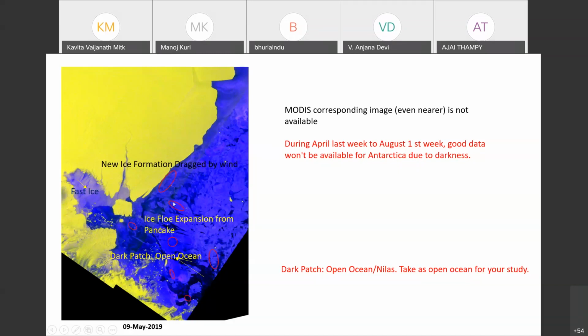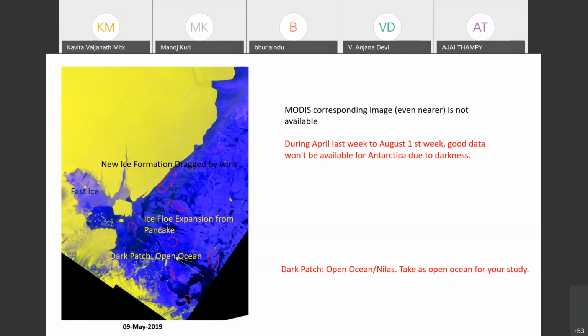But again, these portions have a very similar signature. It can have a similar signature to the sea ice or to the open water also, because when the melting happens, the snow accumulated over this sea ice will have a very similar signature with the open ocean, and that's why all these ambiguities arise.